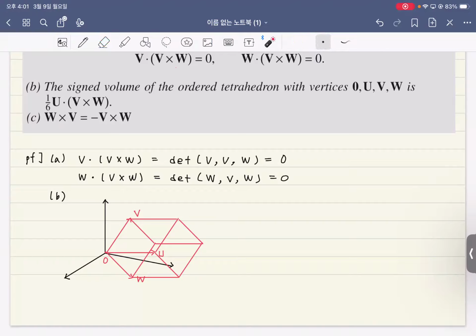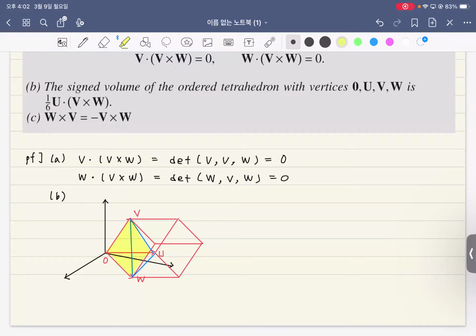And this theorem claims something about the tetrahedron with vertices the origin, u, v, and w. So this theorem is about this tetrahedron, this yellow one. The letter B is about the volume of this tetrahedron.